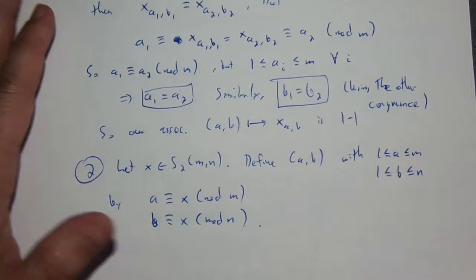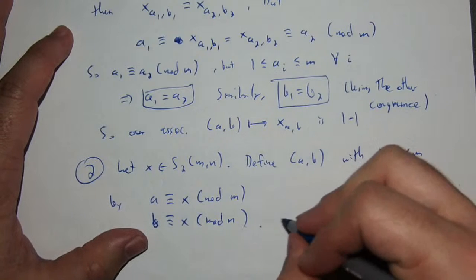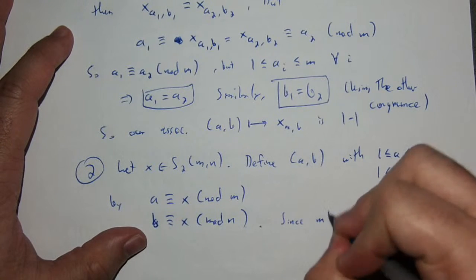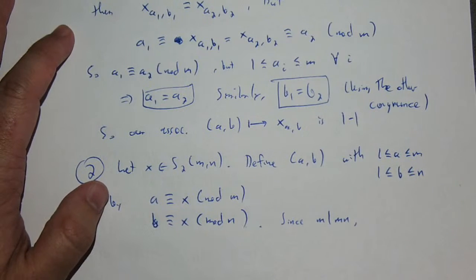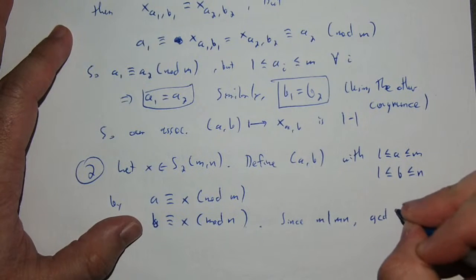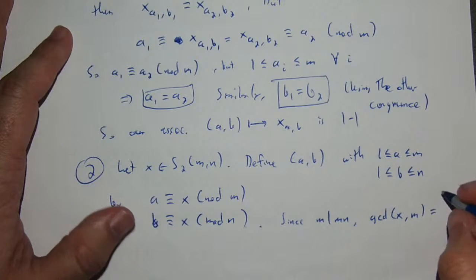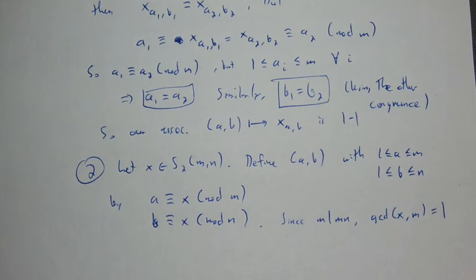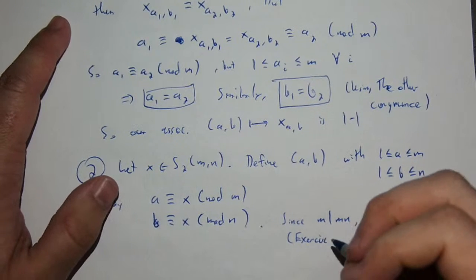So to see that this x always comes from some ordered pair (a, b), what do we have to do here? So since m divides mn, then the GCD of x and m has to be 1. This is actually an exercise in chapter 2. What exercise is it? It's exercise 61.